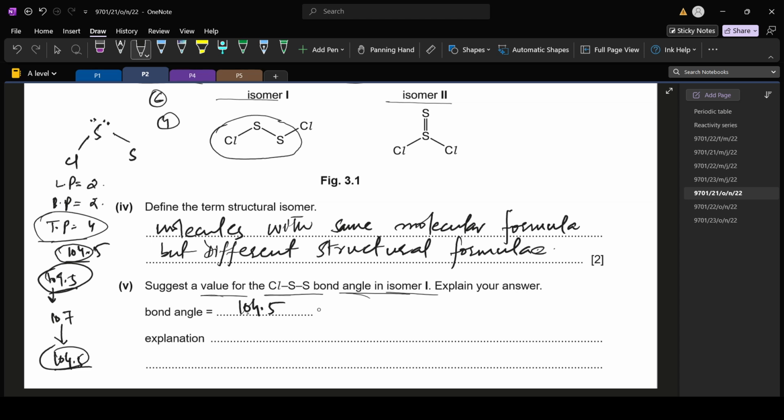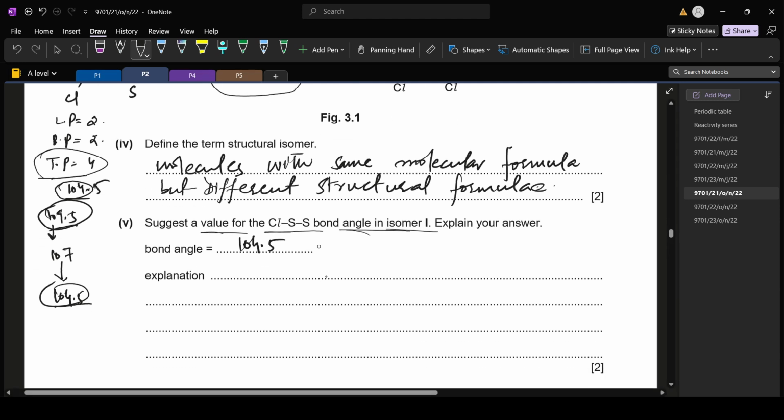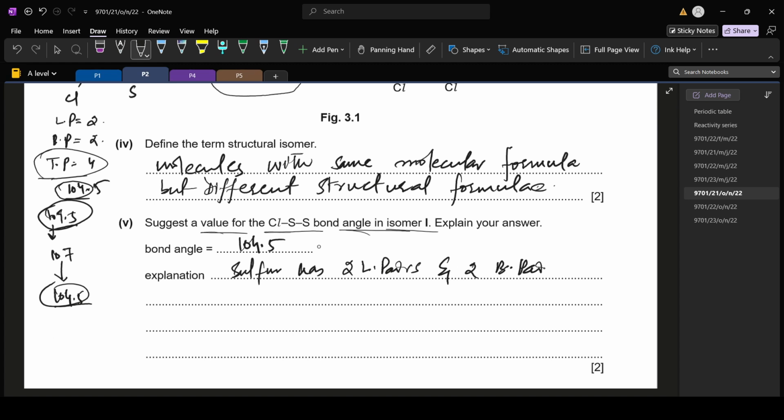And what is the explanation? Because there are 2 lone pairs and 2 bond pairs. Sulfur has 2 lone pairs and 2 bond pairs, but the repulsion from lone pairs is greater.